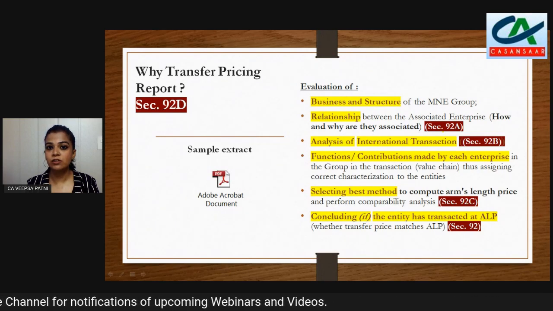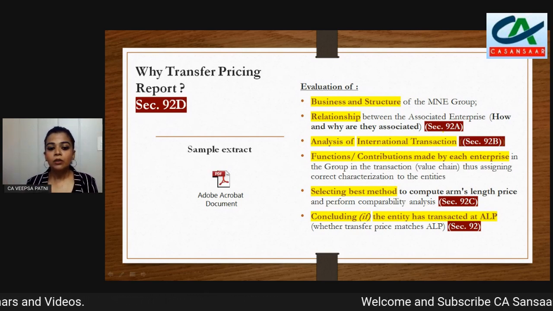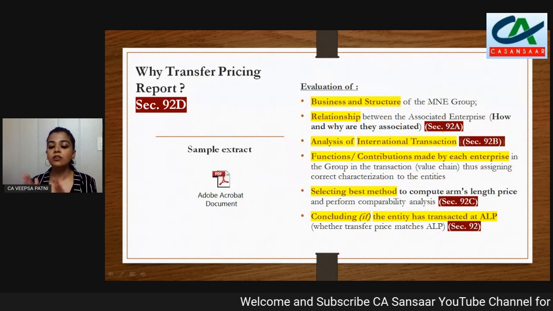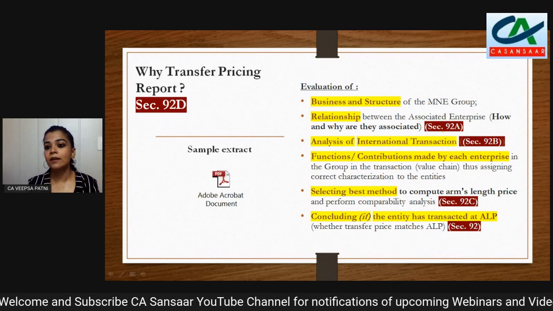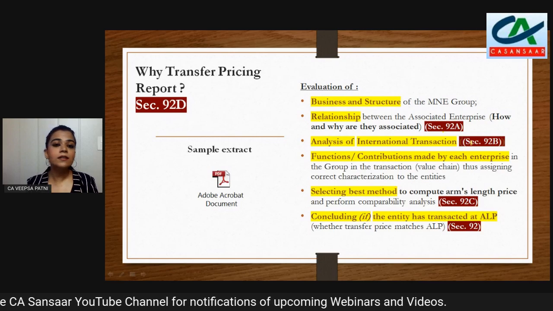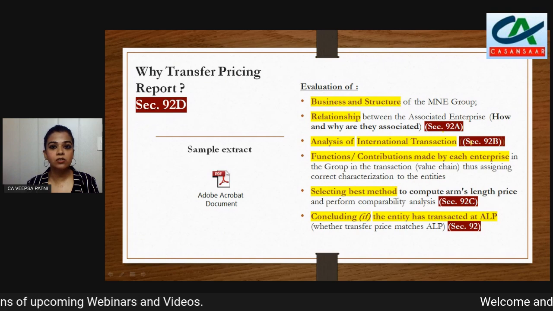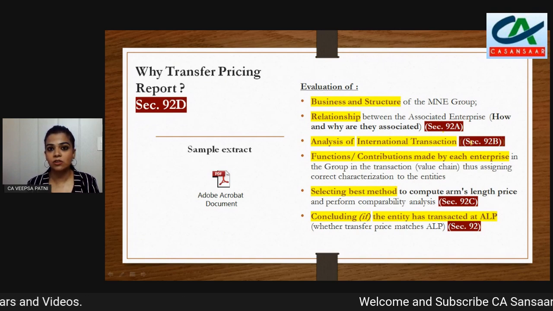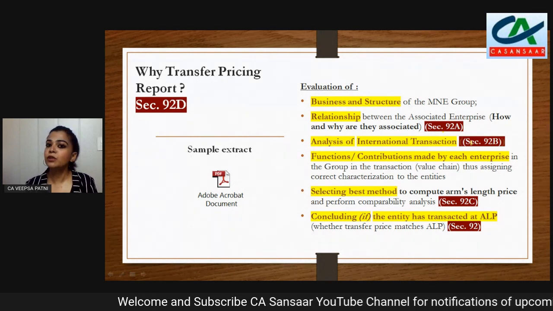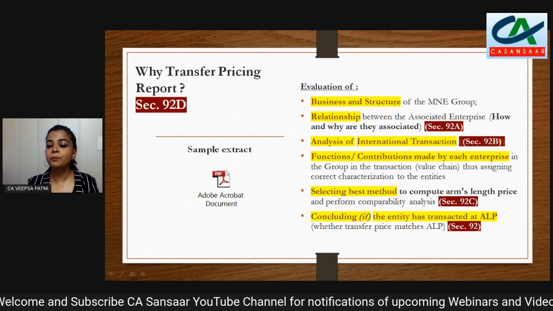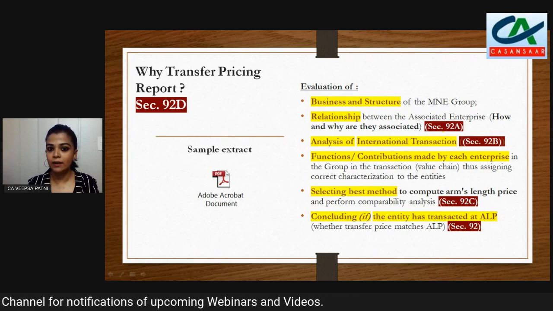What exactly is an international transaction? There is a transaction, and then you add another word, international. So there must be some definition of when a transaction becomes an international transaction, and those parameters are defined in 92B. Until the time you do not know what an international transaction is and how to analyze it, whether a transaction is an international transaction or not, you cannot move ahead. So 92B defines what an international transaction is and what the parameters are.